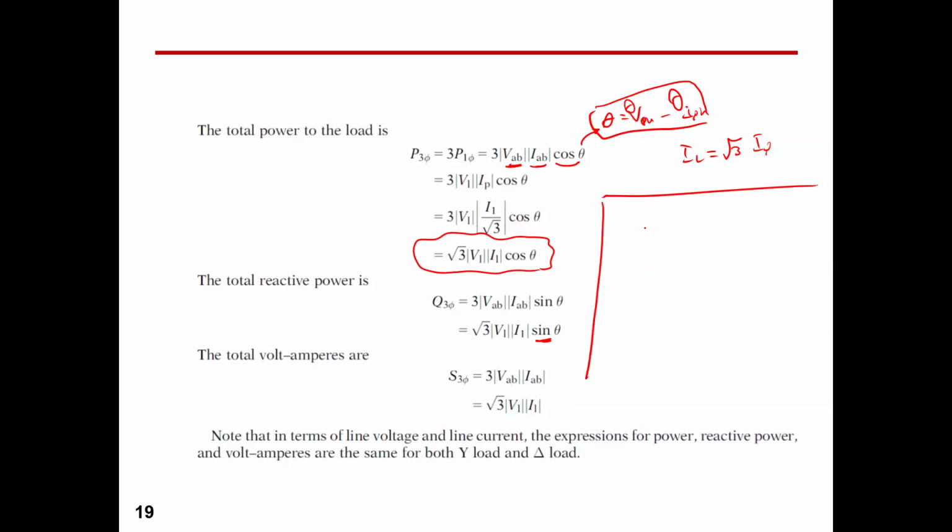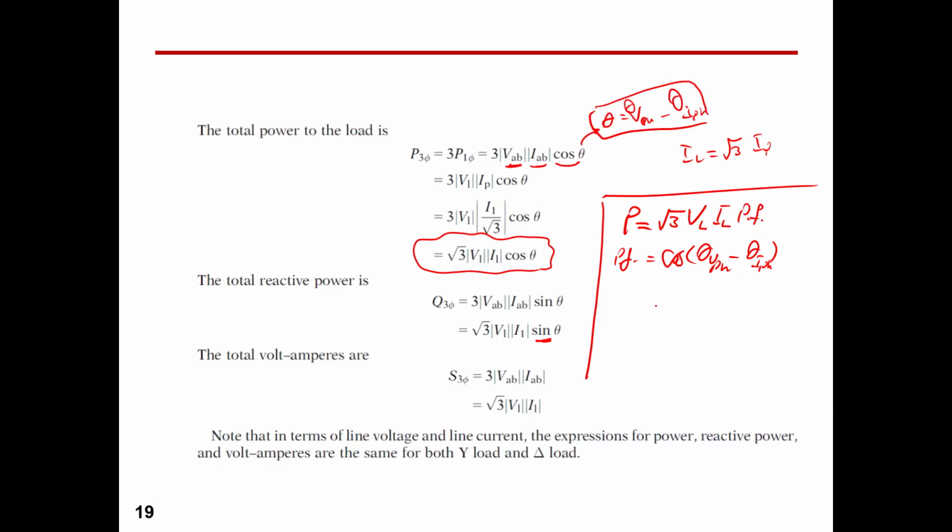Whatever the connection, we have P equals √3 V line I line times power factor, or cosine theta, where power factor equals cosine of theta V phase minus theta I phase. I insist to say it every time. Take care, it's not V line and I line. All of the time, the power factor angle is cosine of theta V phase minus theta I phase.